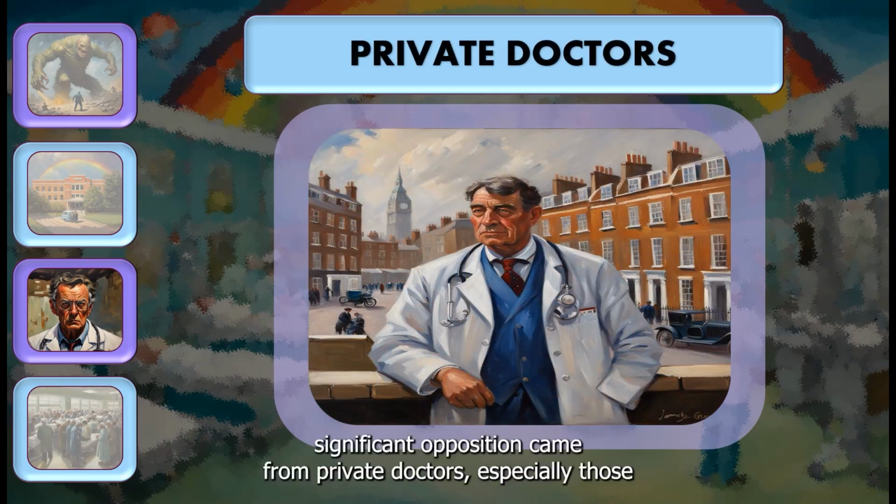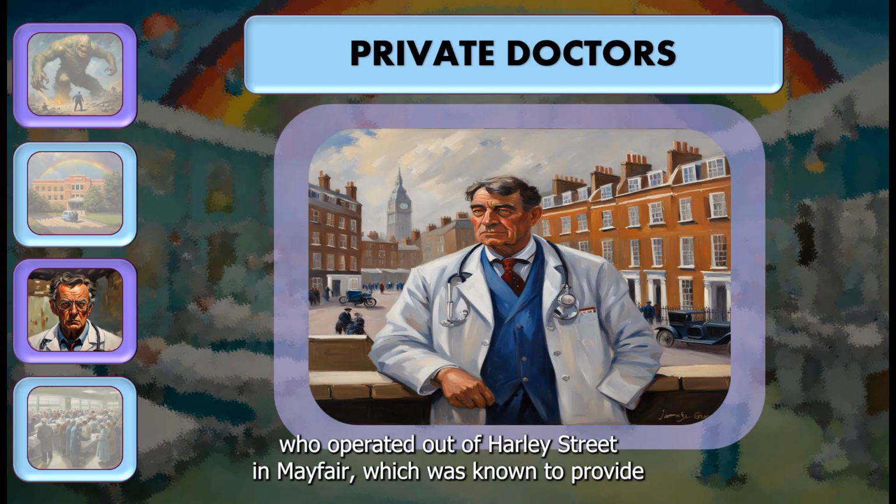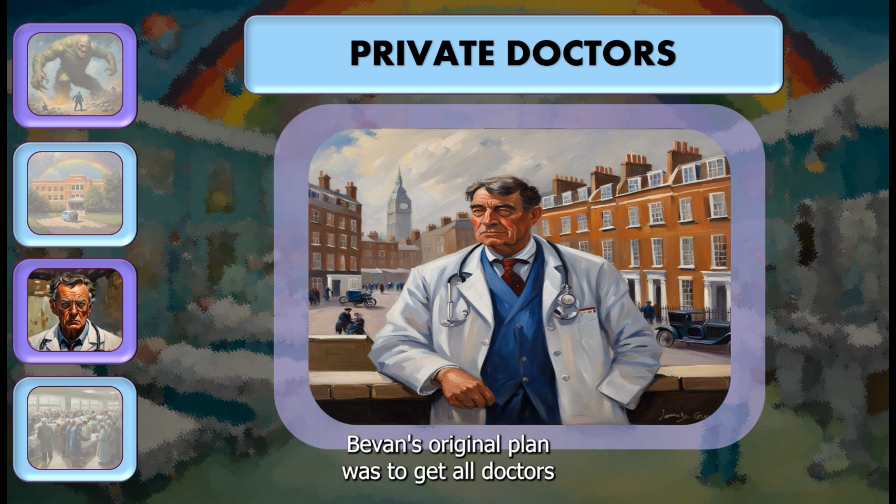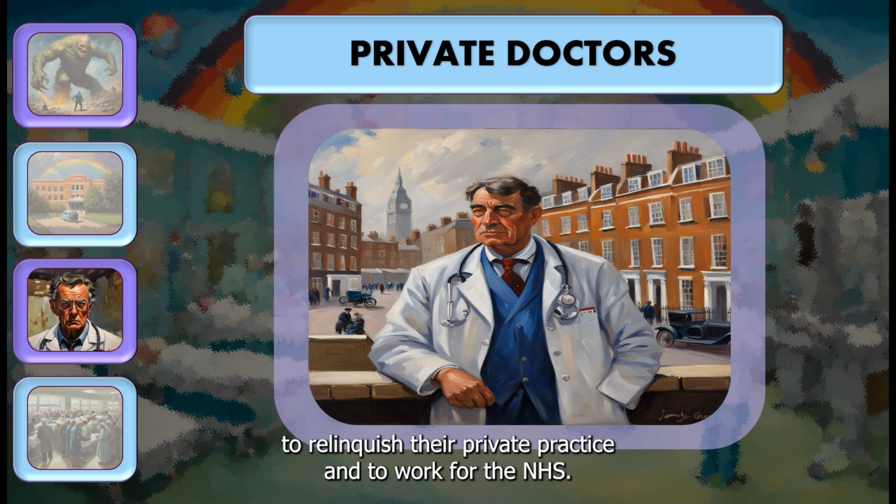The most significant opposition came from private doctors, especially those who operated out of Harley Street in Mayfair, which was known to provide some of the best healthcare in the world, but for incredibly high fees. Bevan's original plan was to get all doctors to relinquish their private practice and to work for the NHS.